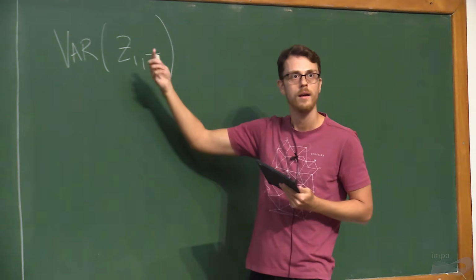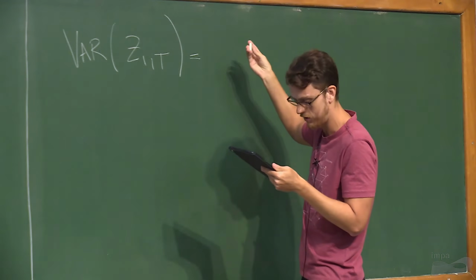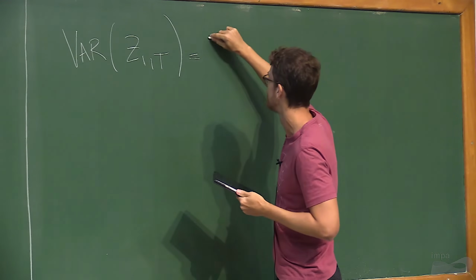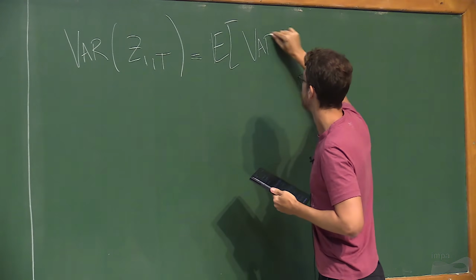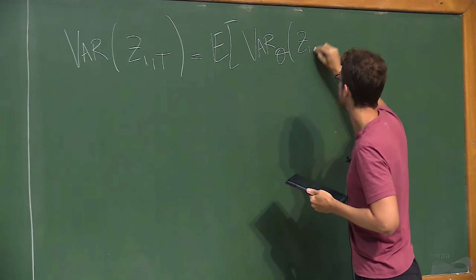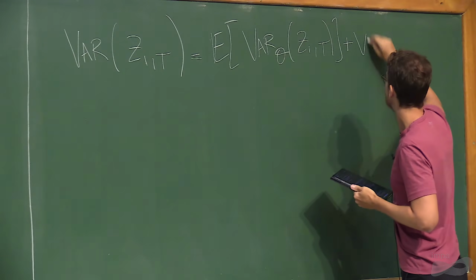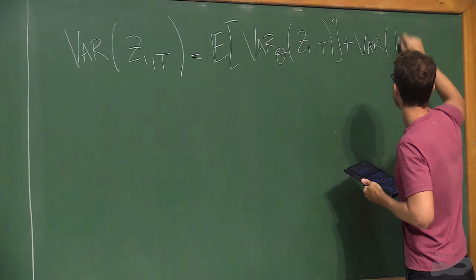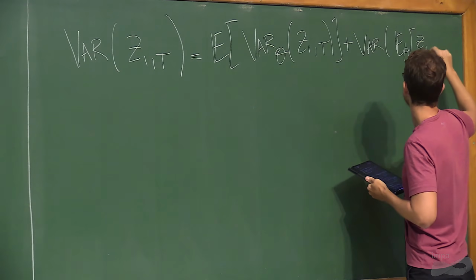I can do this using what I think in English is called the EVA formula, which is the expectation of the variance conditionally on the environment plus the var of the conditional expectation of Z1t.